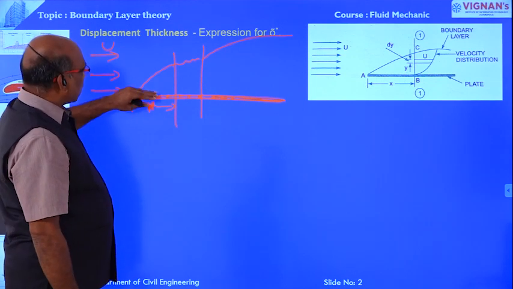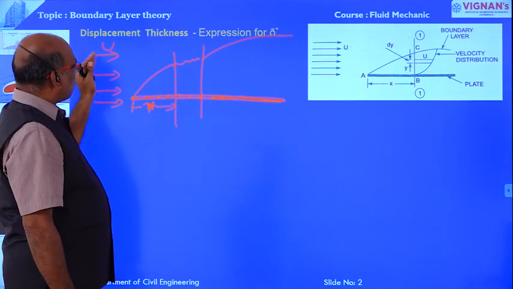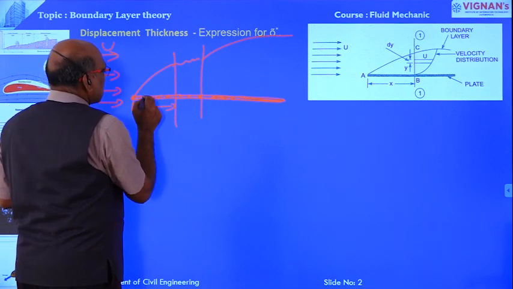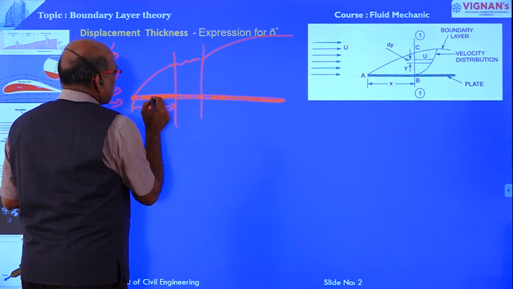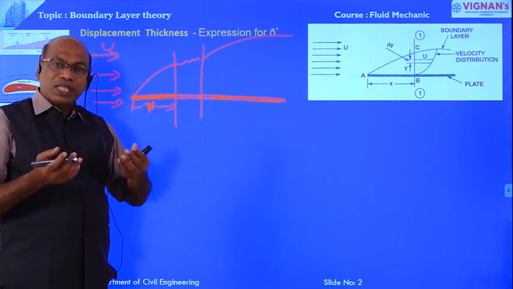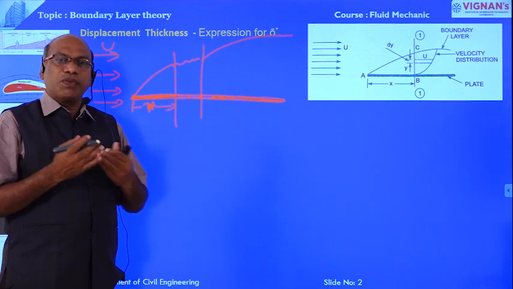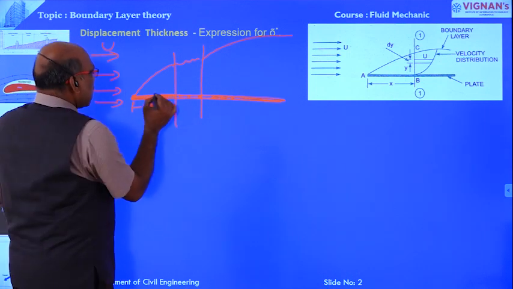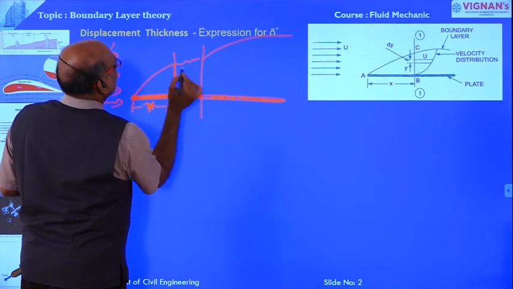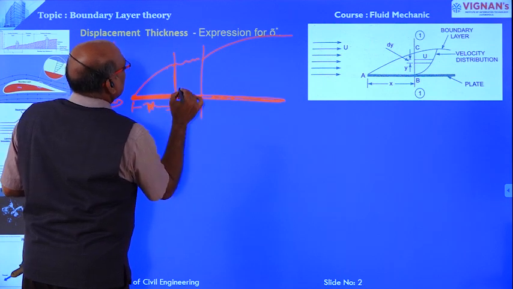Because of this thin plate in front of the flow, the velocity at the surface of the solid body is zero, because of the viscous forces, because of the viscosity of the flowing liquid. Gradually from the boundary, the velocity increases. That means the velocity gradient exists like this.